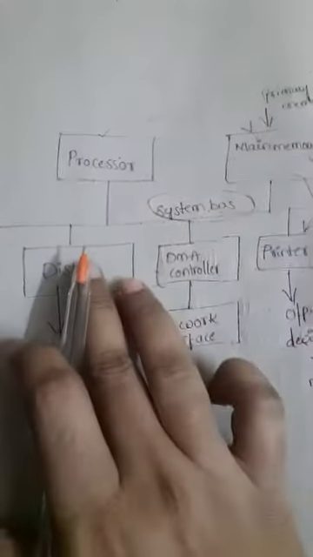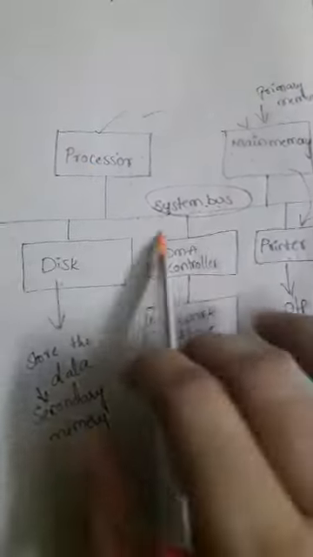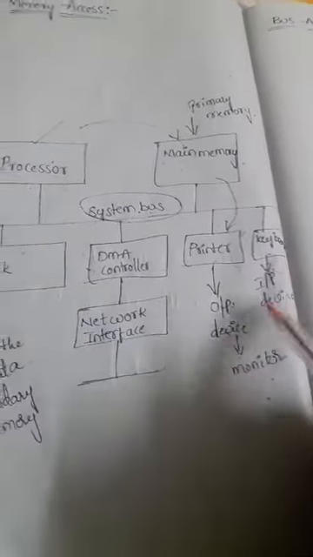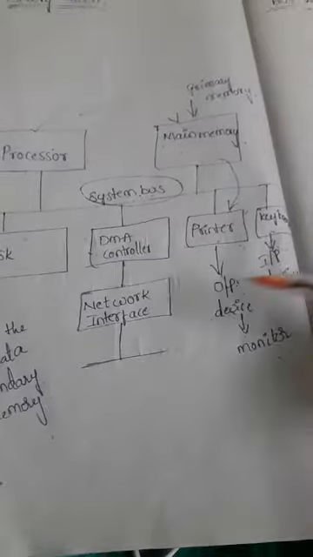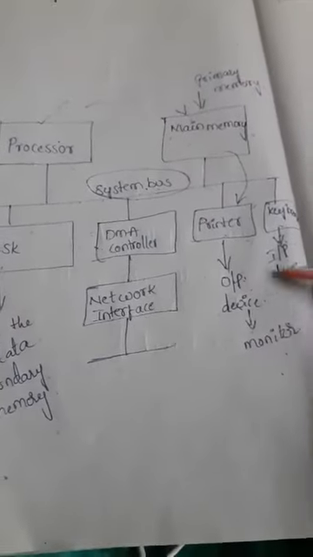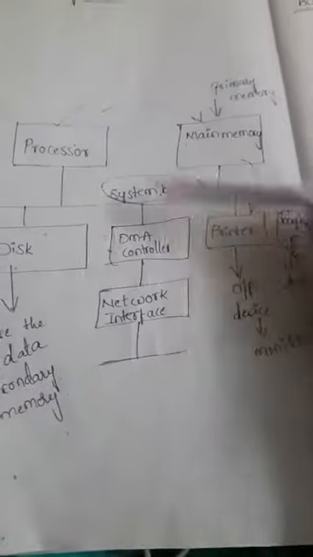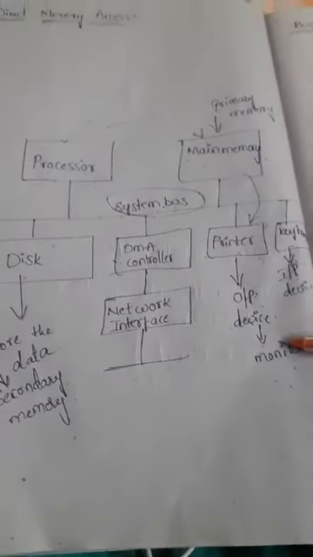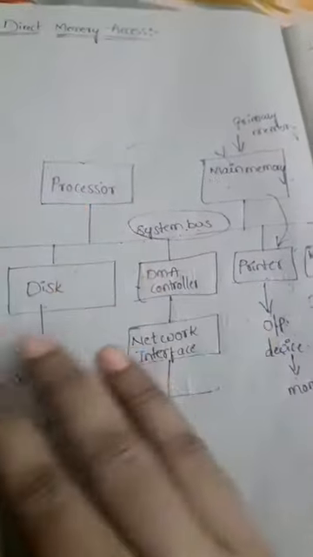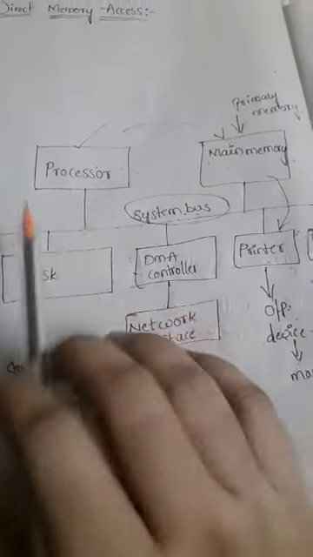So if we remove the processor from this work, from input device to processor, processor to main memory, and output device, that means if we remove the processor in between, what is the big advantage we have? If you are using the processor, that is a big drawback, because it always gives the permissions to do that work.